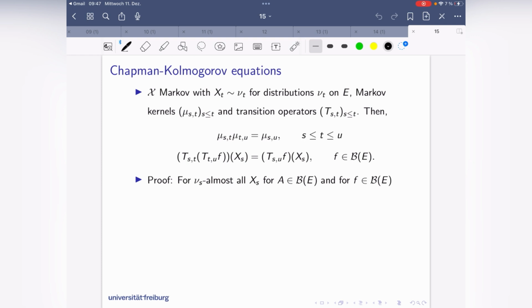So I'm starting in the first equation here on the right hand side, and I'm writing mu_su from xs to some set A. So that's by definition the probability to be in A at time u, conditioning on Fs. Well, I can also write that's the probability that the tuple (Xt, Xu) is in E times A, given Fs.